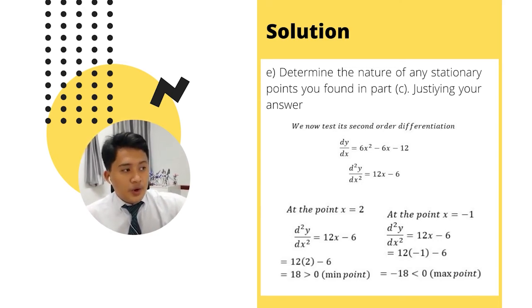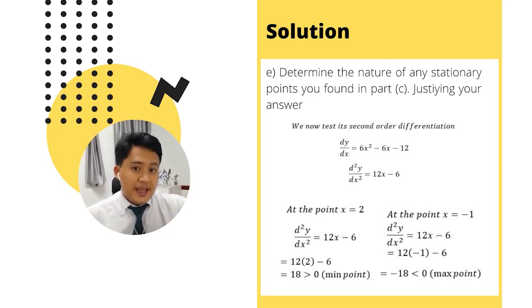So at the point of x equals 2, we will use the equation we got from second order differentiation, which is d squared y per dx squared equals 12x minus 6. We will replace x with 2.